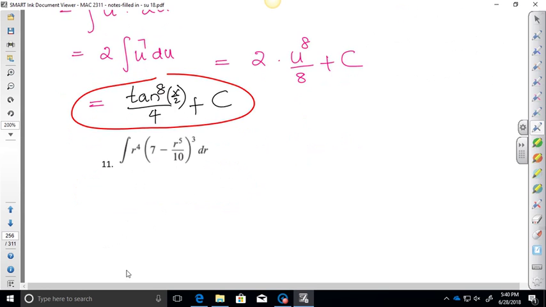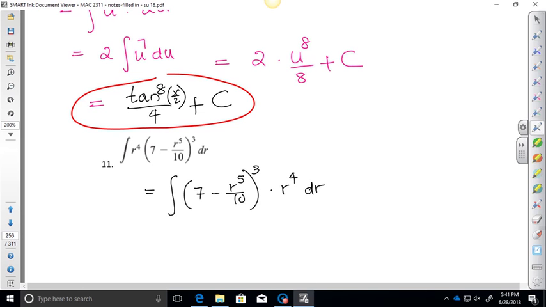The next problem I'm going to rewrite by writing the composite function first. Then I'm going to write the leftover, which is r to the 4 dr. The composite function is 7 minus r to the 5 over 10 to the 3rd power. What's the inside of that composite function?